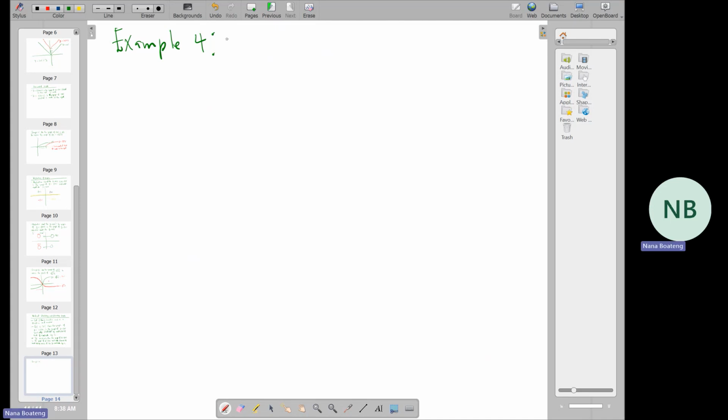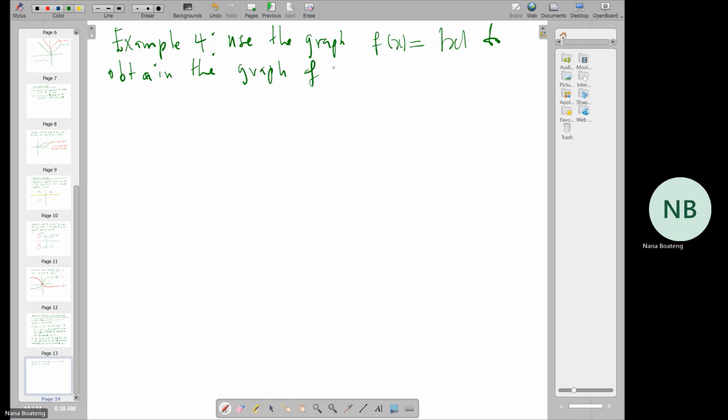So it says use the graph of f of x is equal to absolute value of x to obtain the graph of g of x is equal to 2 times absolute value of x.